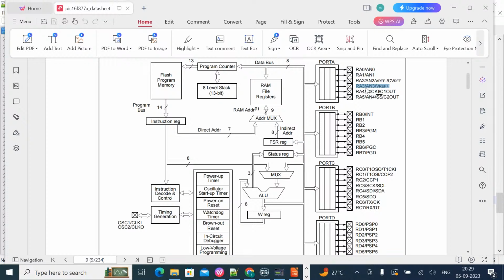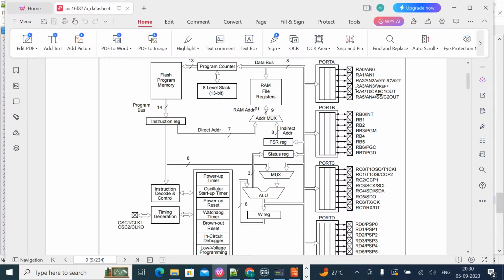The question is why does a single pin have multiple names? If you ask me the port A pin names, those are RA0, RA1, RA2, RA3, RA4, RA5. But what about the other naming? Since the microcontroller has a limited number of pins, a single pin can do multiple functionalities.